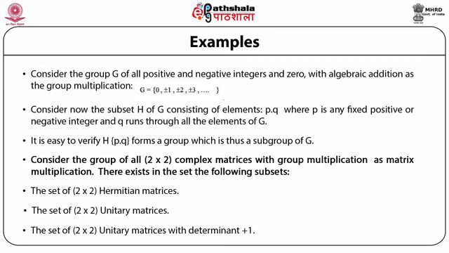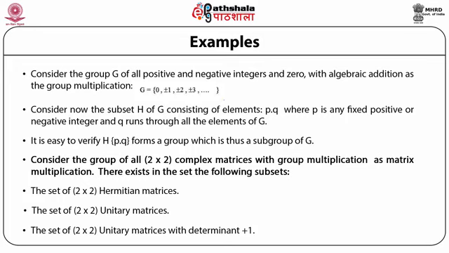Similarly, the subset C is a subgroup, since if U1, U2 are unitary matrices of determinant 1, then U1 U2 also has unit determinant, because the determinant of U1 U2 is equal to determinant U1 into determinant U2, which is equal to 1. Now, given a subgroup H of G, it is possible to generate other possible subgroups in the following way.